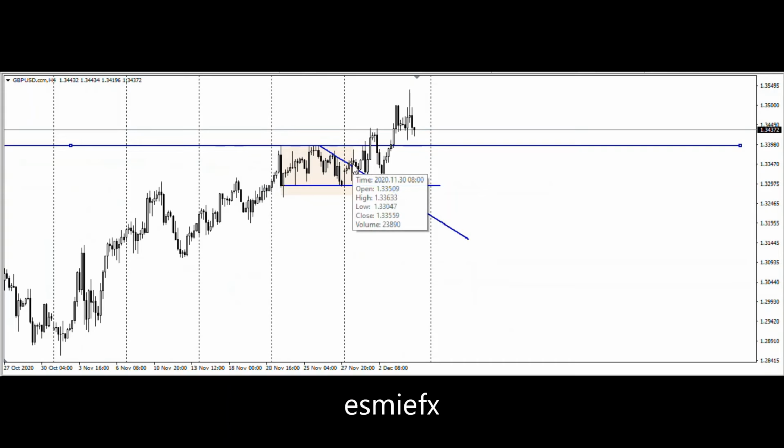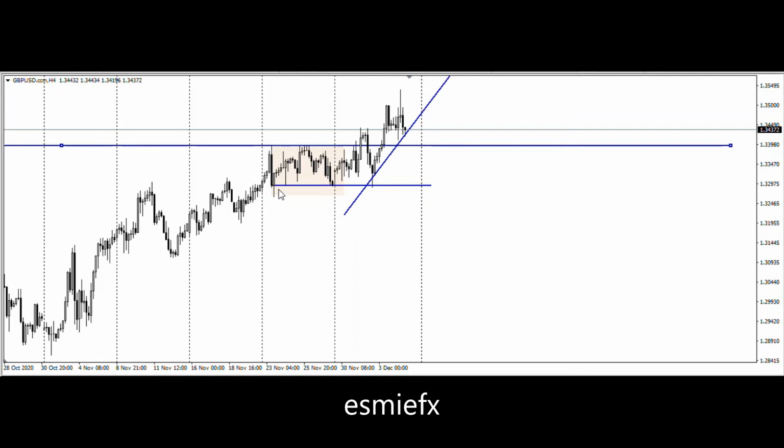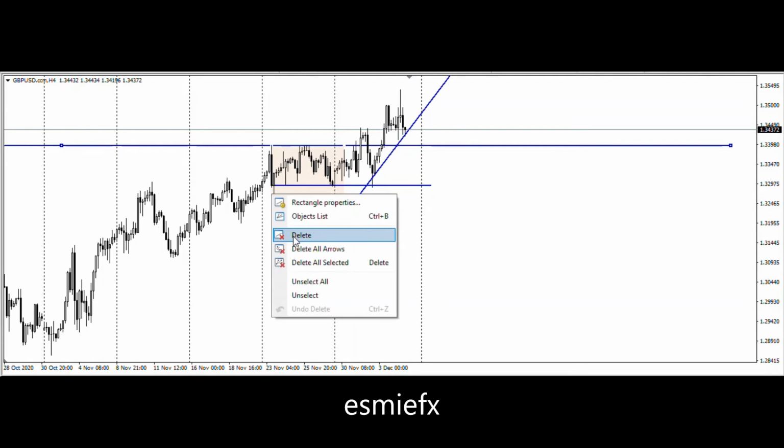So what I'm going to do is I'm going to take this. So this is how I'm going to draw, and I'm going to remove this lighted area.